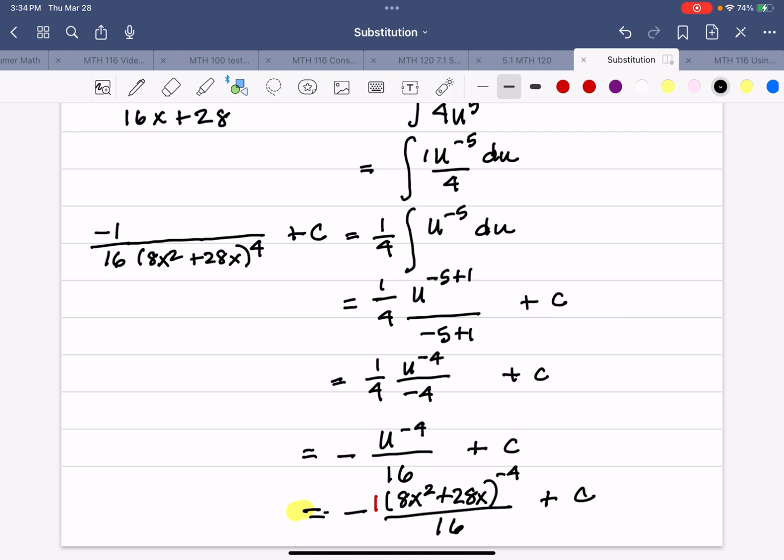And that will be my final answer. Negative 1 over 16 times (8x squared plus 28x) raised to the fourth power plus c.